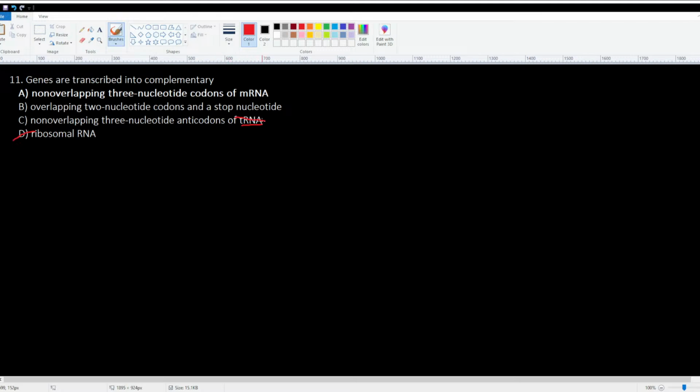So that one's wrong too. And overlapping two nucleotide codons and a stop nucleotide is wrong because we know that mRNAs operate in threes, not twos. That leaves only A, non-overlapping three nucleotide codons of mRNA.